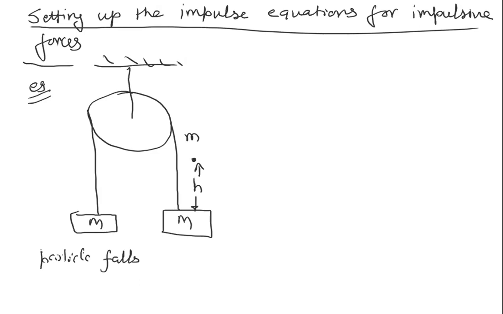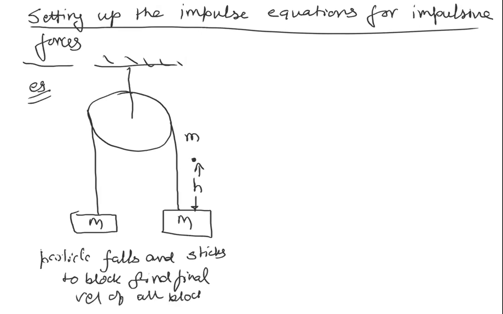Particle falls and sticks to block, and we have to find the final velocity of all blocks. So I will just name these guys 1, 2, and 3, and I will set up impulse equations for the impulsive forces that are acting on the objects.